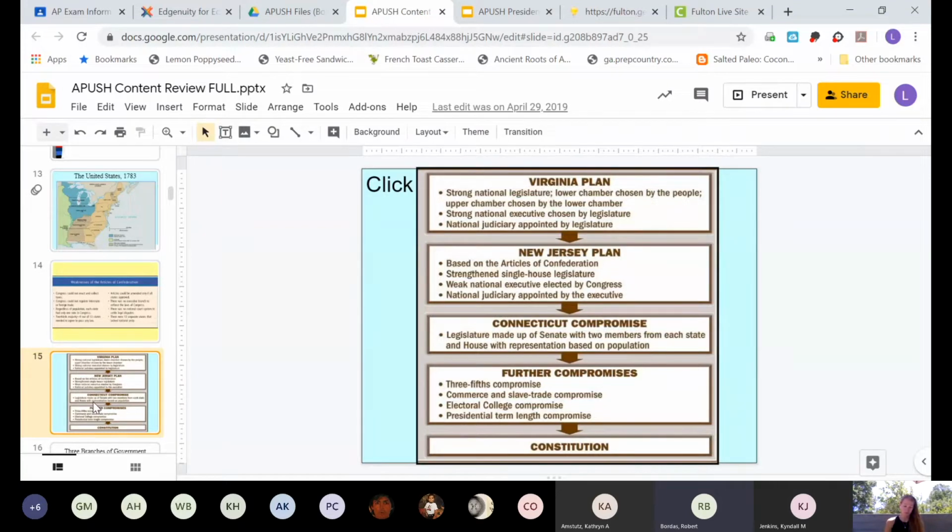So they have to compromise there, what's called the 3/5 compromise. And the 3/5 compromise is, all right, we will give the southern states, the states that are dependent on slavery, because remember they have cash crops depending on which state you're in, whereas the economies in the north grew up such that they didn't have this need for cash crops. They didn't have a need for slavery.